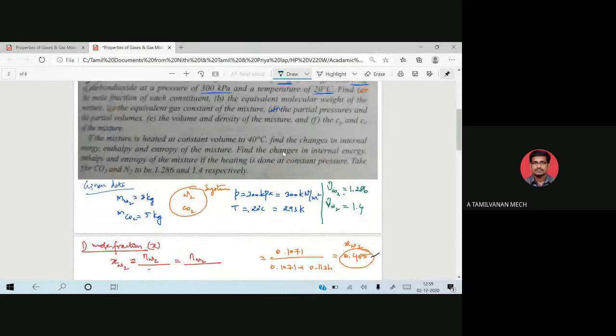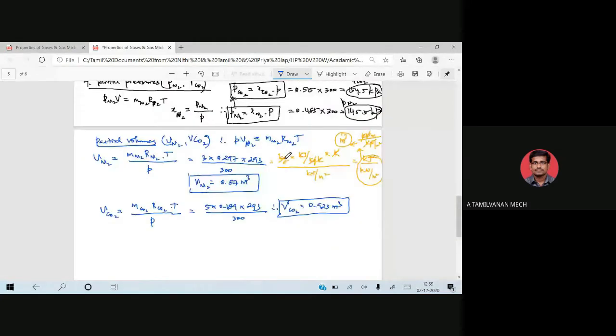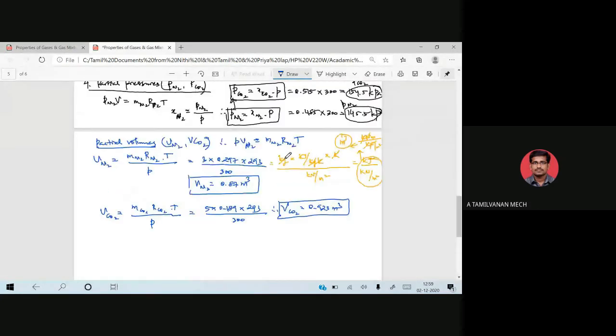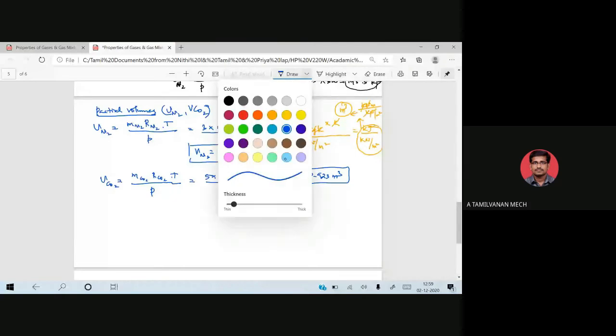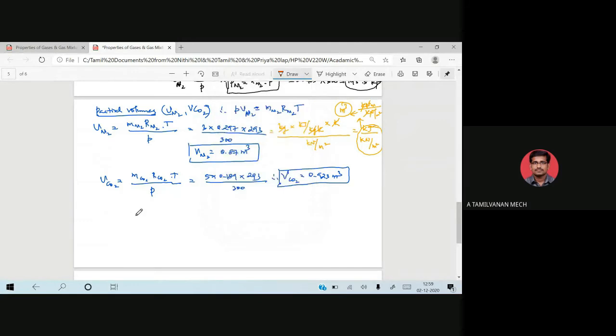So here we are going to find the volume and density of the mixture. How can we find the volume and density of the mixture?